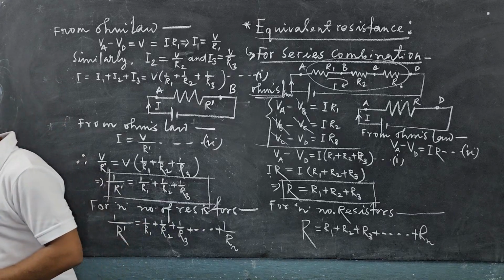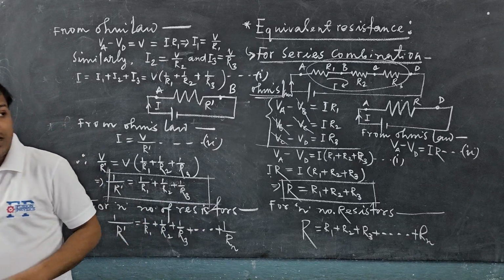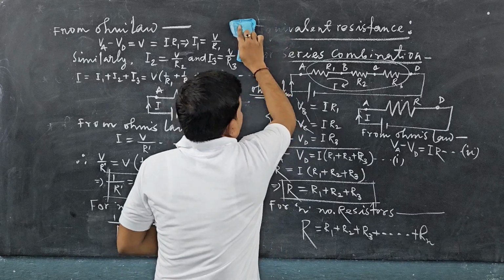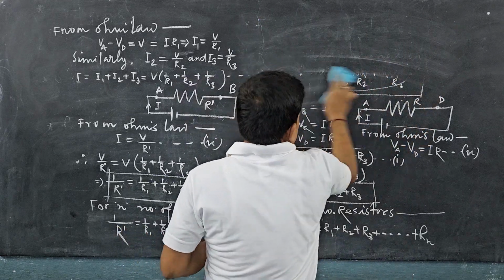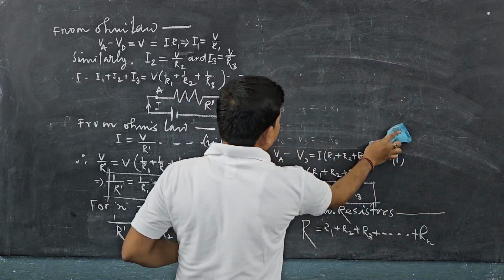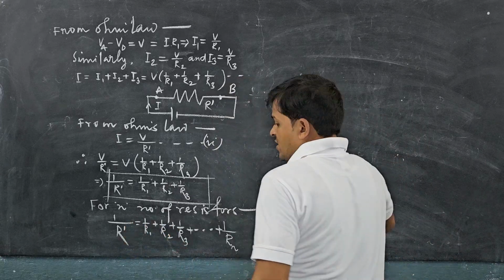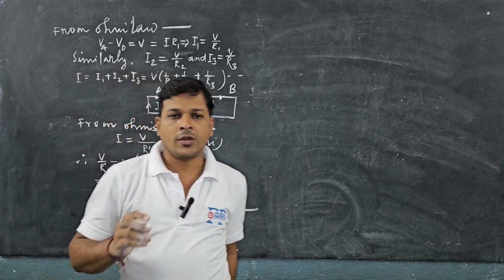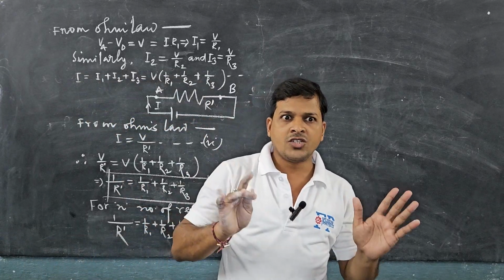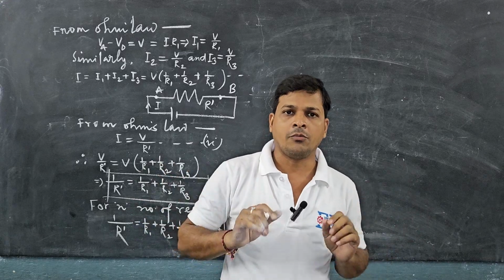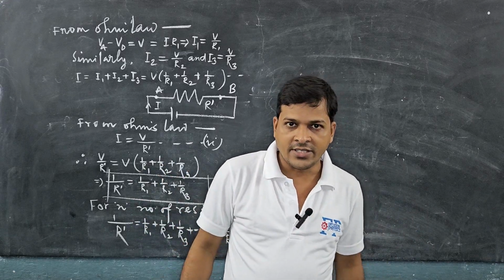Okay, now if two resistors are connected in parallel combination, then what happens? The equivalent resistance for two resistors connected in parallel combination is frequently asked in the Madhyamik exam, board exam, CBSE, ICSE, in all board exams, a very frequently asked question. Two resistors, 2 ohm and 4 ohm, connected in parallel combination, what will be their equivalent resistance?